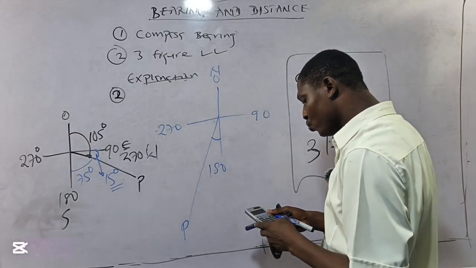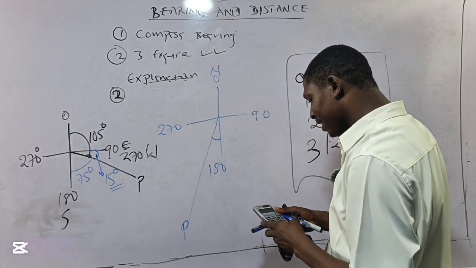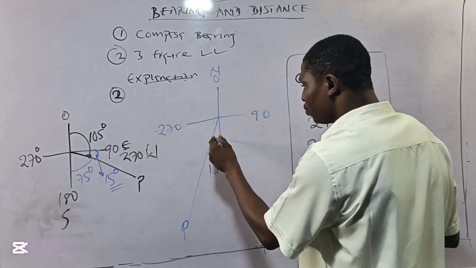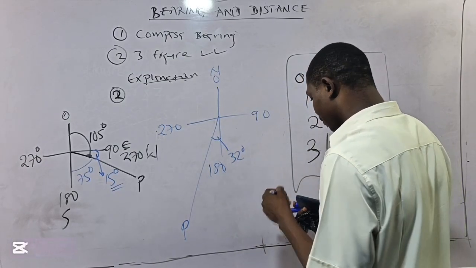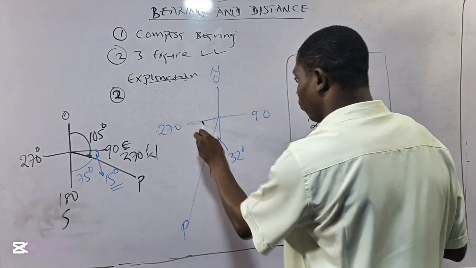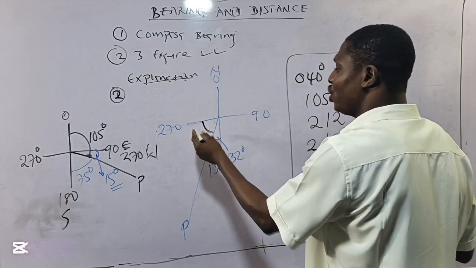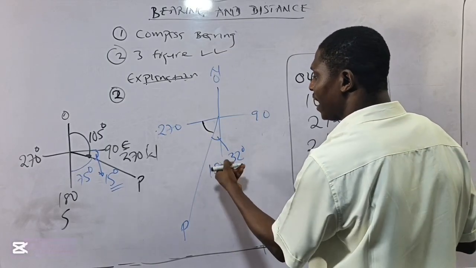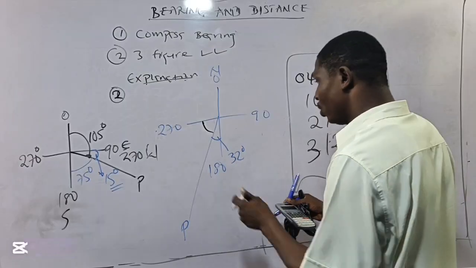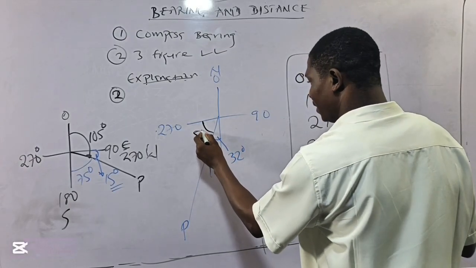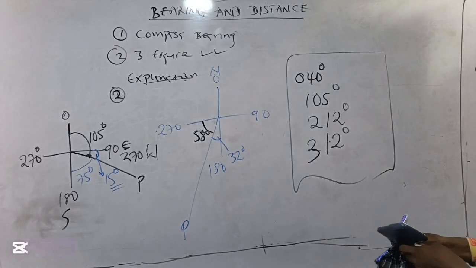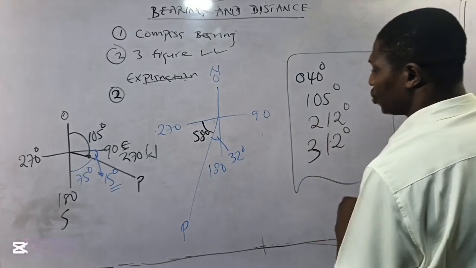So we have 212 minus 180, giving us 32 degrees. So this angle becomes 32 degrees. And this other angle here will be 90 minus 32, because each between two cardinal points has an angle of 90 degrees. So 90 minus 32 gives me 58 degrees here. So that's the solution for 212 degrees.